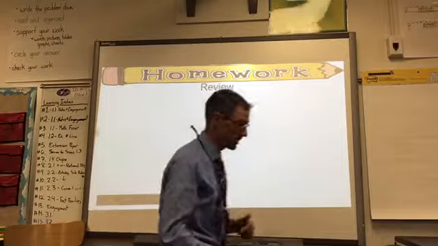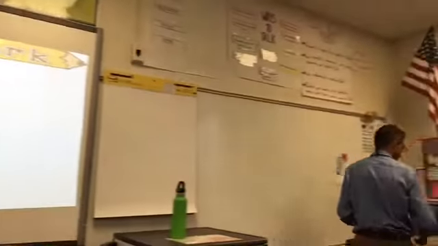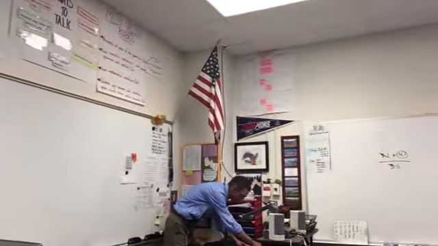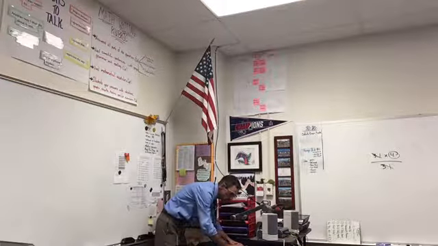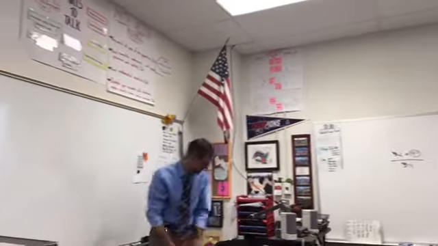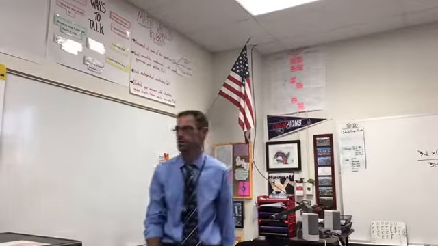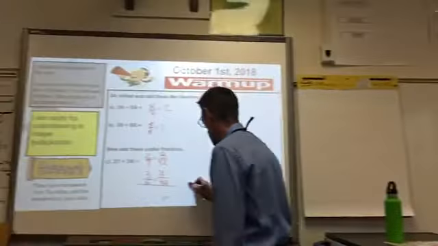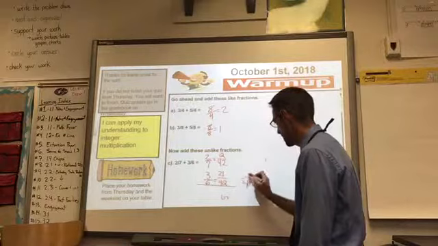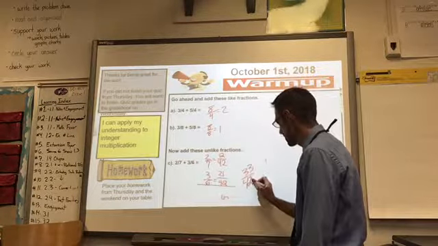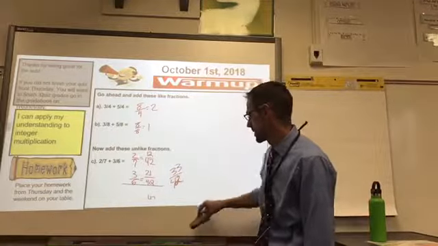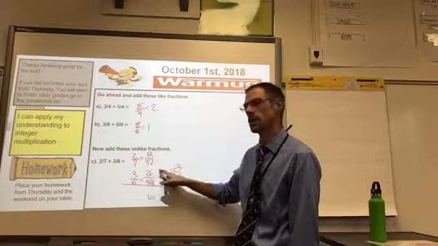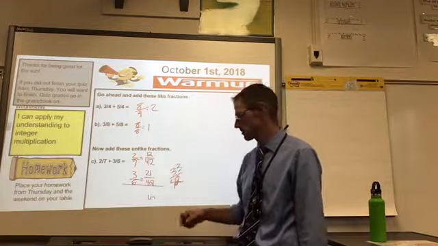Oh, I knew I was going to do that. That's dumb. And so now I just add my numerators and I get 33 over 42, because 12 plus 21 equals 33.